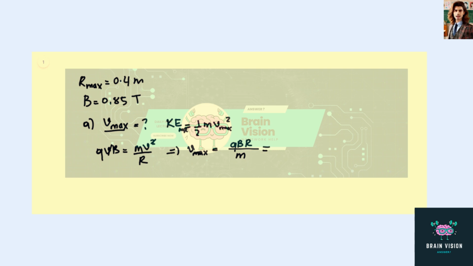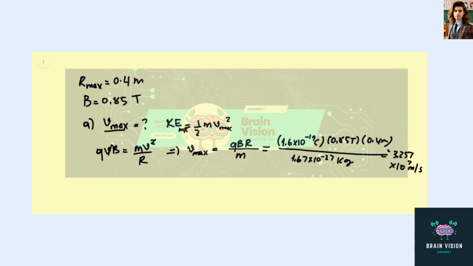Now plugging in the values: 1.6 times 10 to the power negative 19 coulombs times 0.85 Tesla, 0.4 meters divided by 1.67 times 10 to the power negative 27 kilogram per proton. We find the maximum speed to be 3.257 times 10 to the power of 7 meters per second.